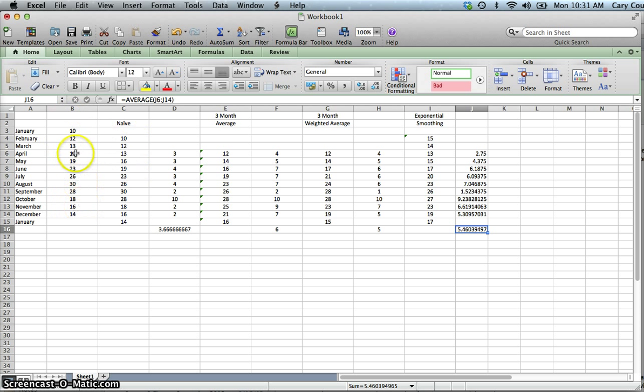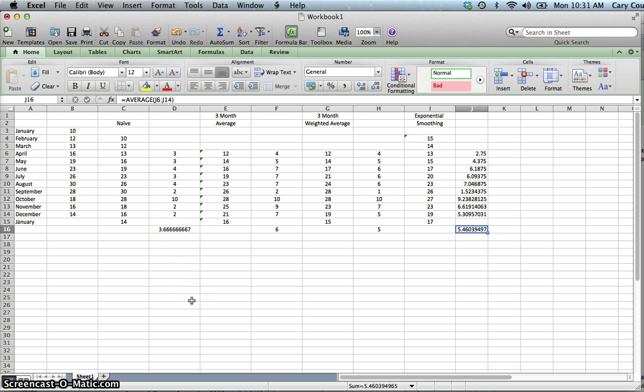Given the data and the way it goes up and kind of down, the naive seems to do the best job, in that it has the least amount of error, where the moving average has the most amount of error, followed by exponential smoothing, and then the weighted average. So if we had to look at these 4 techniques, we would say the naive is the best because it has the least amount of error given MAD.